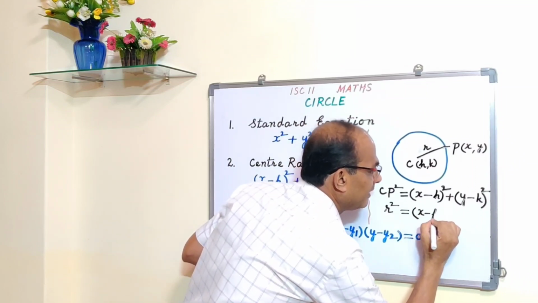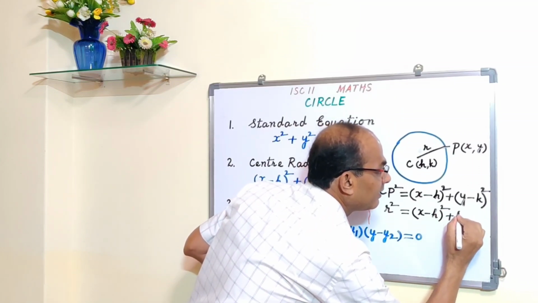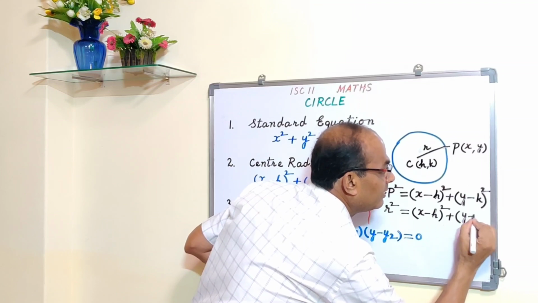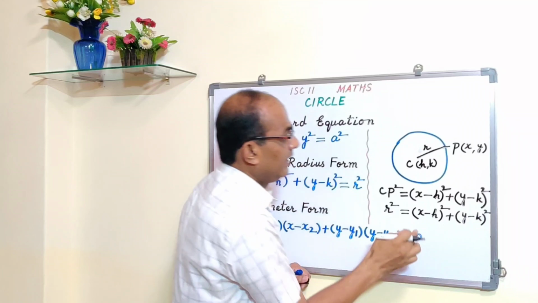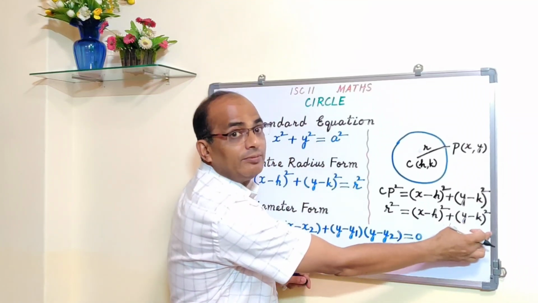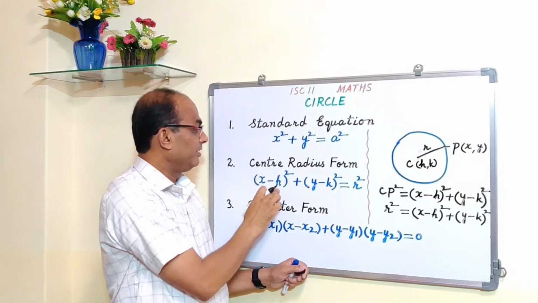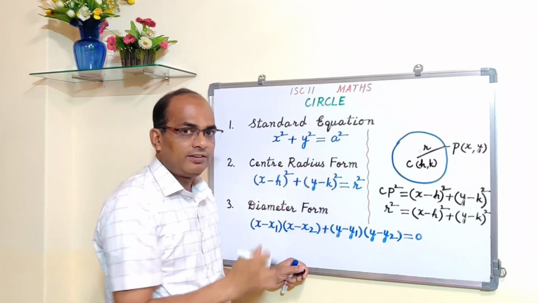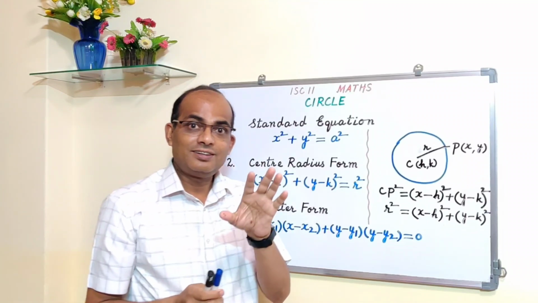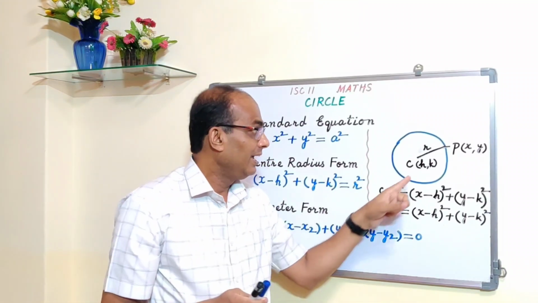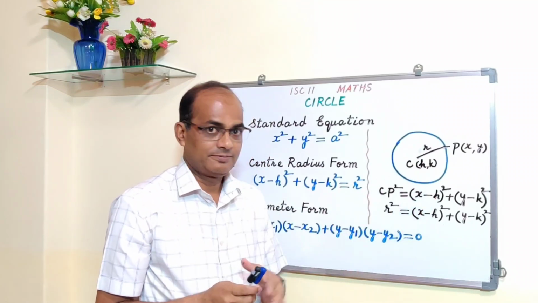This is called center radius form, where the coordinates of the center are H, K, and radius is R.